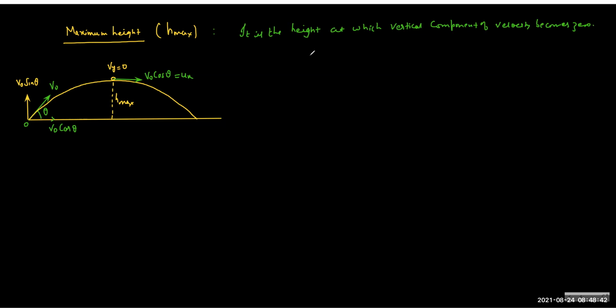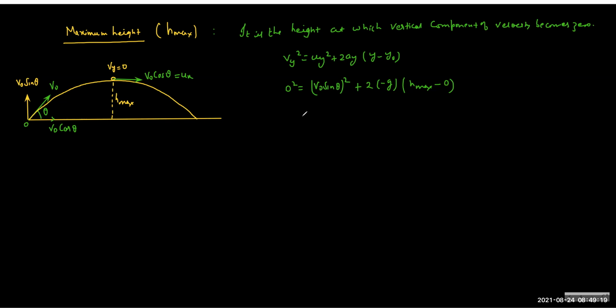So tell me, the formula you're using is Vy square equals Uy square plus 2ay into y minus y naught. You're calling this the origin. So Vy is 0, we know. Uy we know is V naught sin theta, whole square, plus ay is how much? Minus g, and what is y? The final position is H max, and y naught is 0.